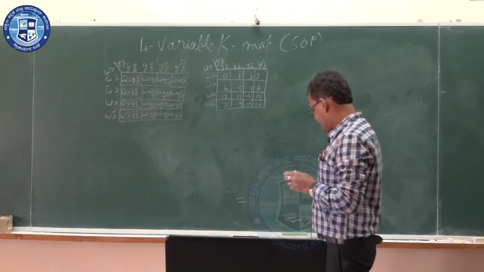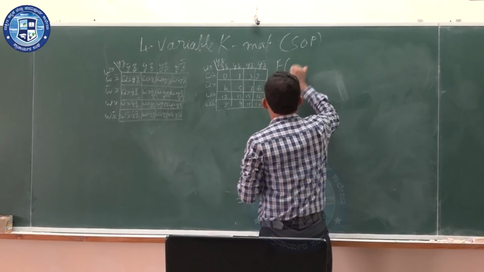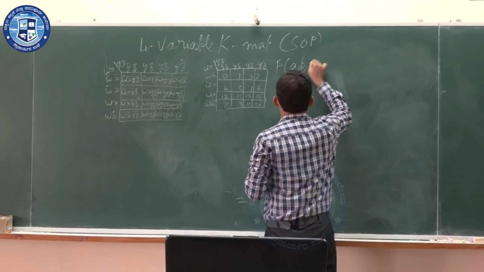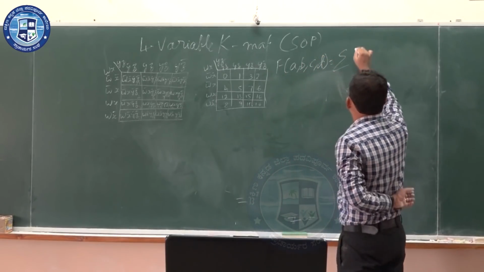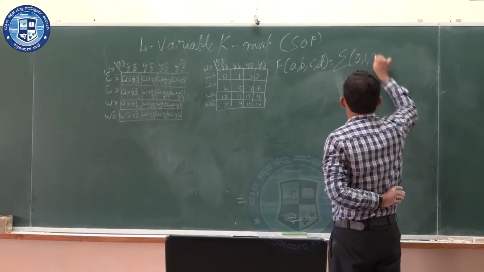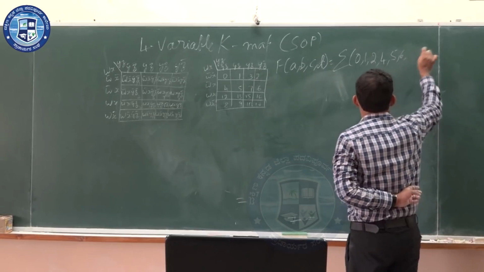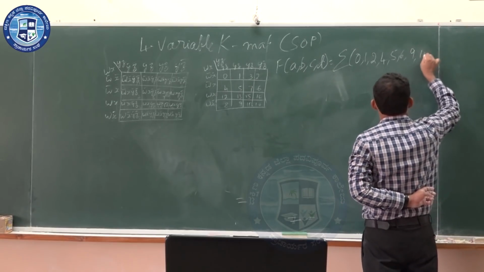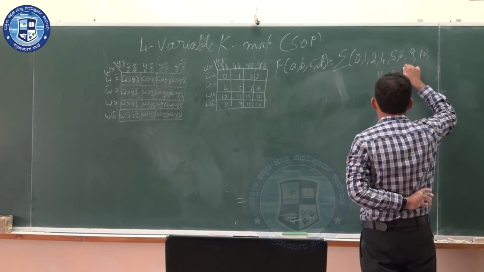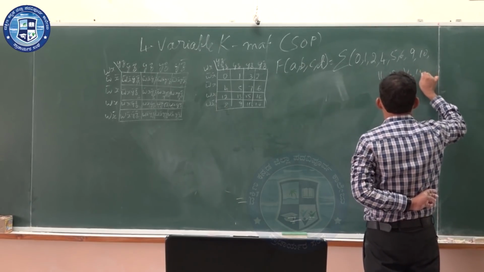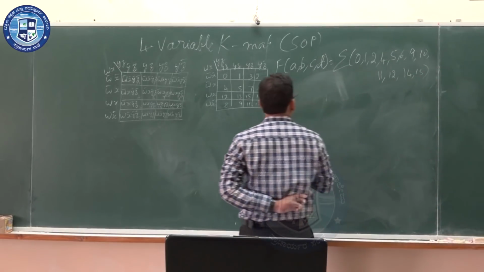Okay, let me take an example. F of A, B, C, D is equal to summation of say 0, 1, 2, 4, 5, 6, 9, 10, 11, 12, 14 and 15. Now, I draw the K-map.